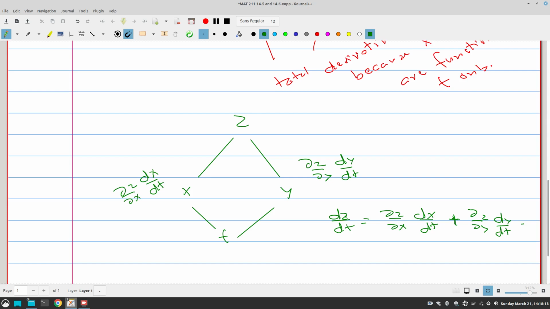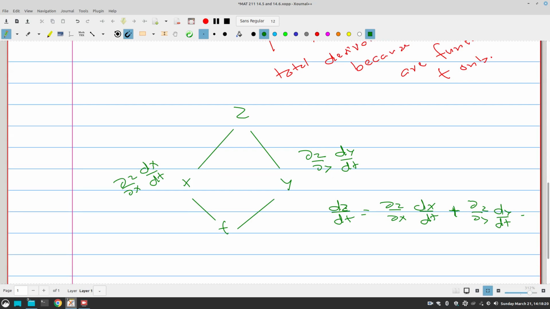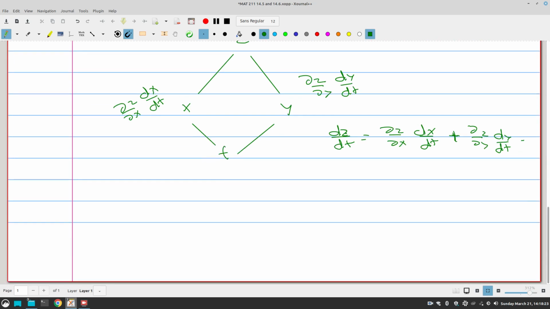So if you remember the definition of differentiability from the last chapter, let delta z be a small change in z, and delta x is a small change in x, delta y is a small change in y.